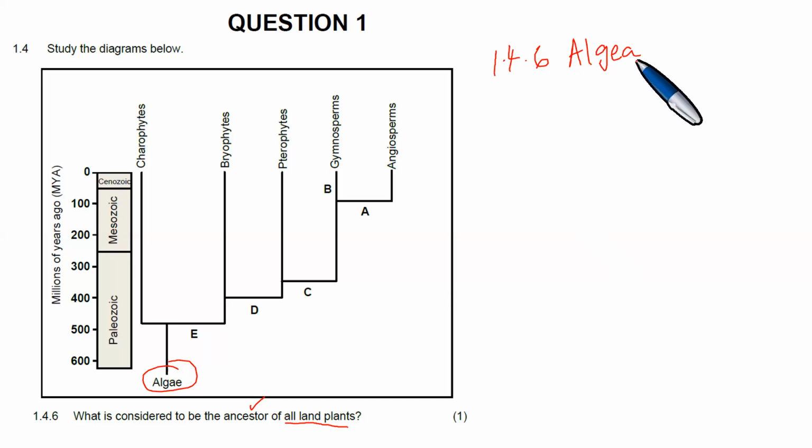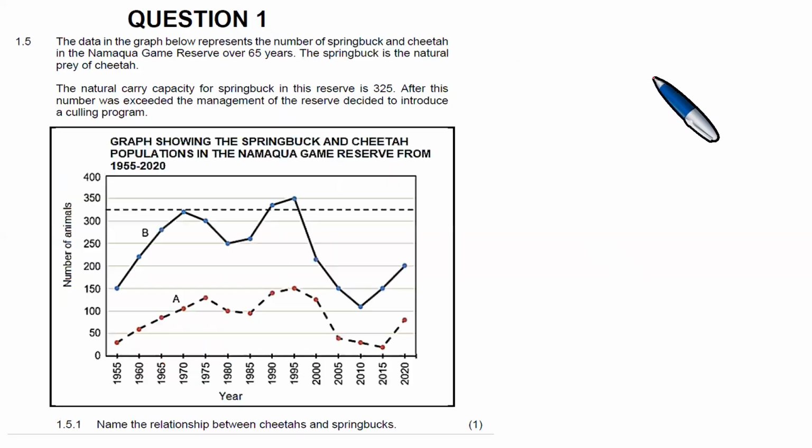The algae. You understand that? So the algae is considered to be the ancestor of all what? Of all land plants. All together. Next question. Okay, so you need to know the algae is the ancestor of all land plants. There's just a characterization there. One of the oldest of plants on land.